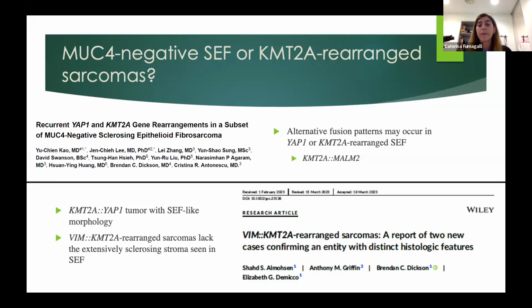So even if there is a large group, the KMT2A-YAP1, that has the CEF morphology, there are other rearranged sarcomas involving KMT2A, like the VIM gene rearranged, that don't have this morphology. So I don't know if it would be okay to eventually call all of them together MUC4 negative CEF, or maybe if there could be another name for these tumors, and I would like to know the experts' opinion about it.